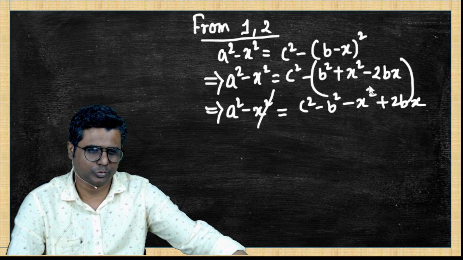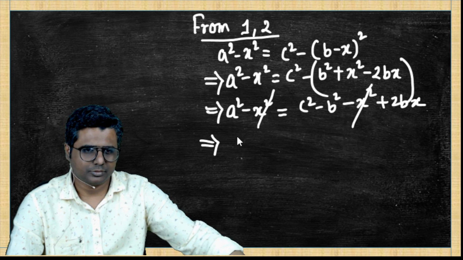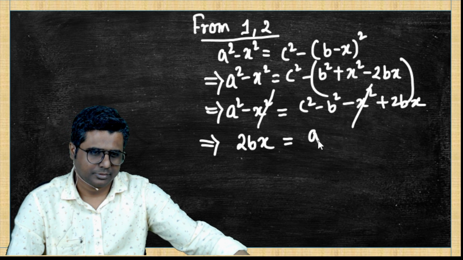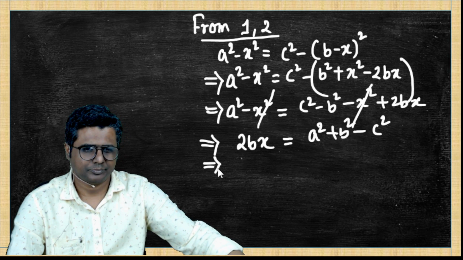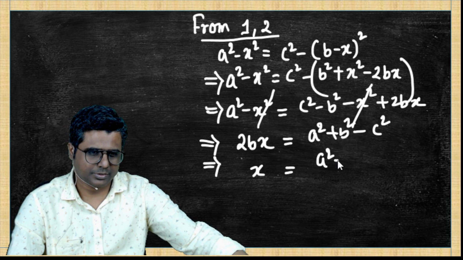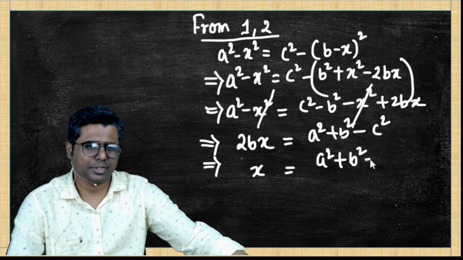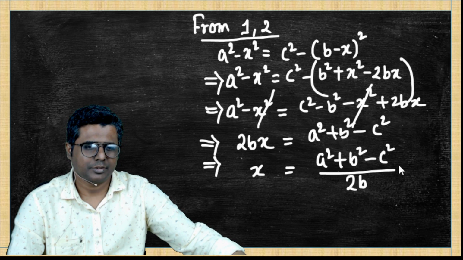See, both are minus, you can cancel out. So 2bx is equal to a square plus b square minus c square. x is equal to (a square plus b square minus c square) divided by 2b.